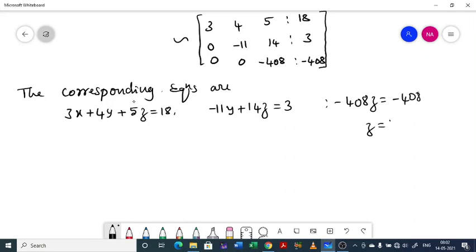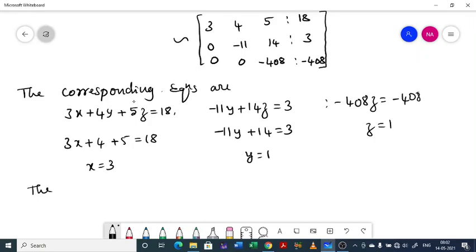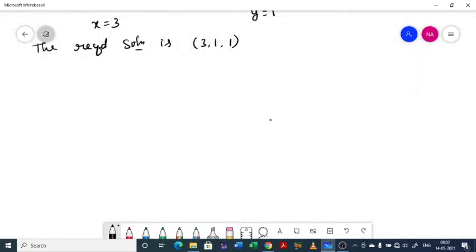So z equal to 1, minus 11y plus 14 equal to 3, so y is also equal to 1. 3x plus 4 plus 5 equal to 18, so 3x will be 9, so x will be 3. The required solution is 3, 1, 1.